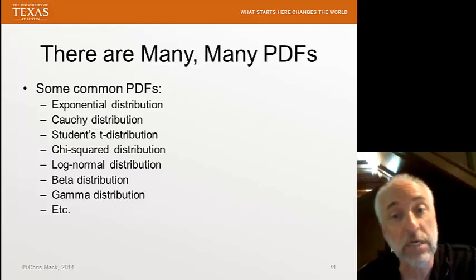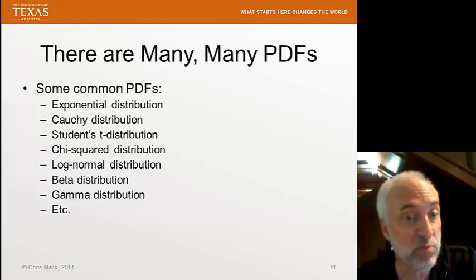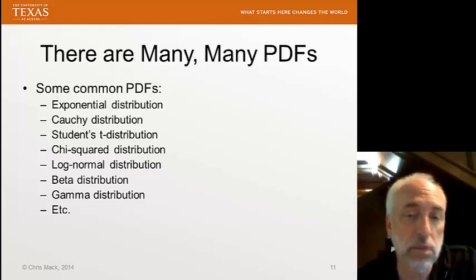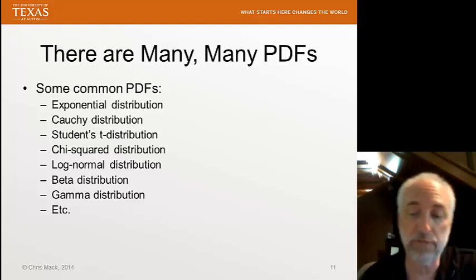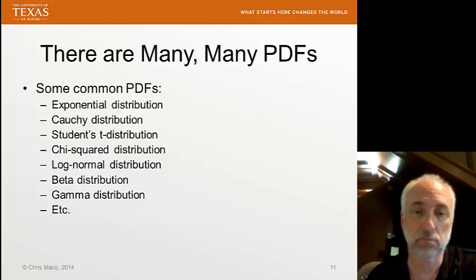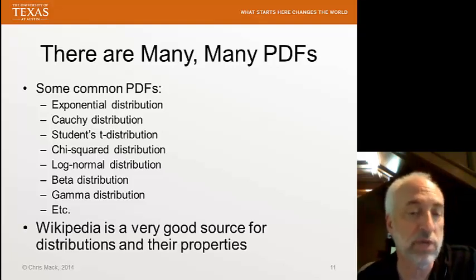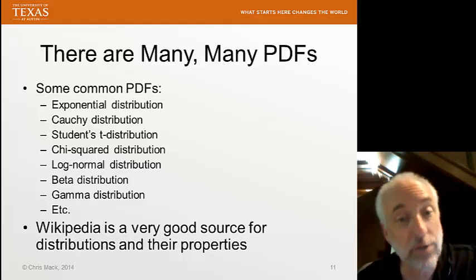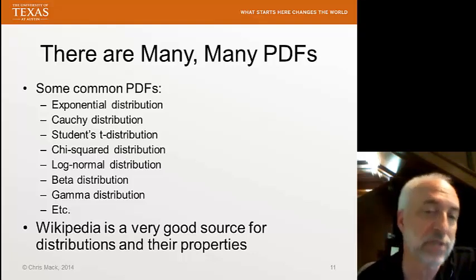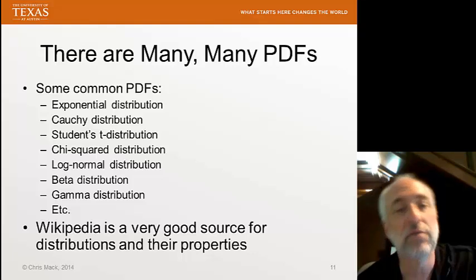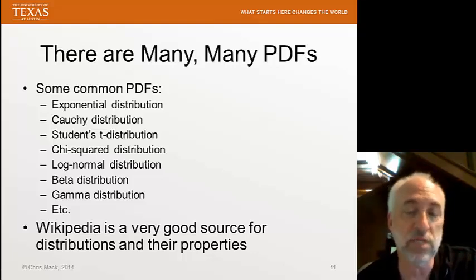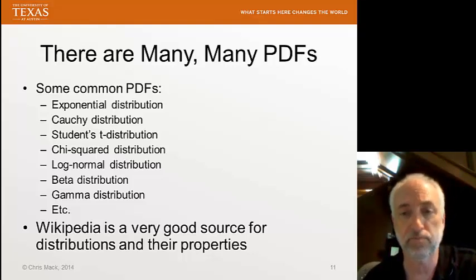But under various circumstances, for various kinds of problems and experiments, you may need to use one or more of these distributions. Wikipedia, I find, is a very good source for information about these distributions and their properties. You can just look up the chi-squared distribution and very quickly get the equation for the PDF, for the CDF, for the mean, for the variance, and many other properties of these distributions.